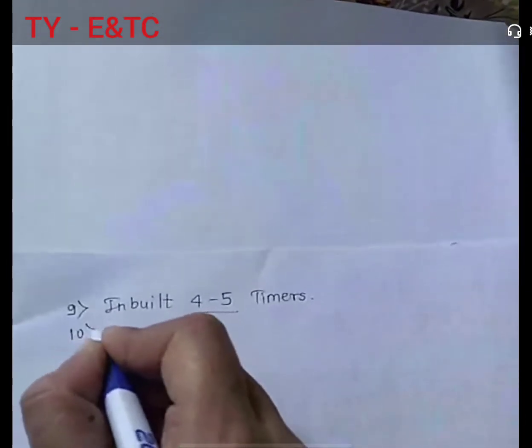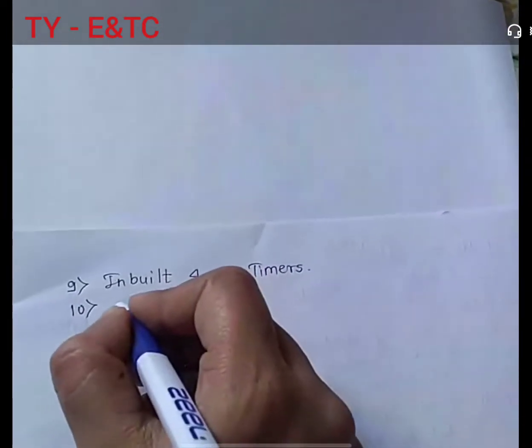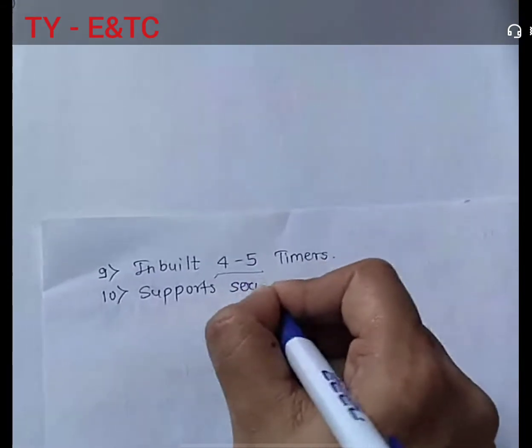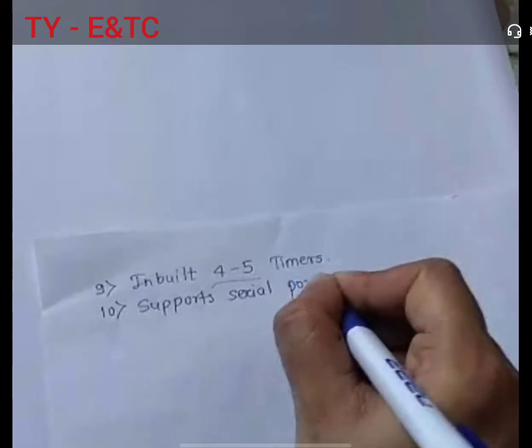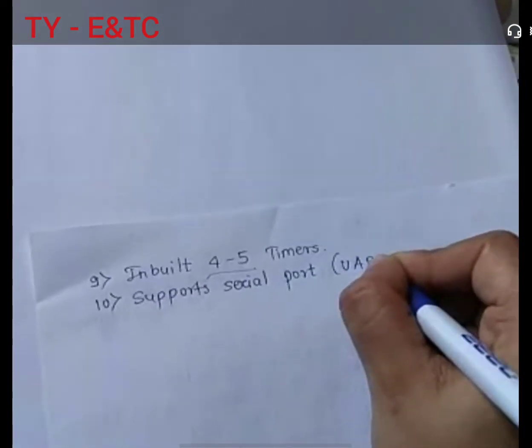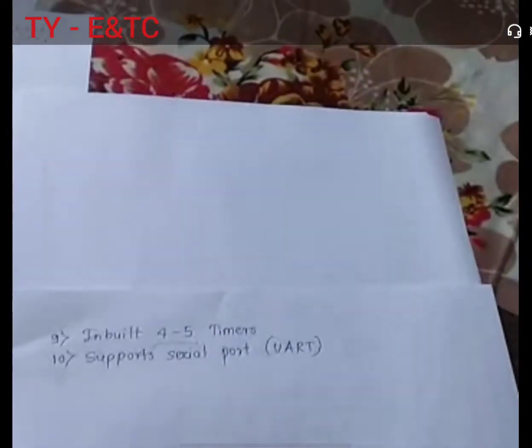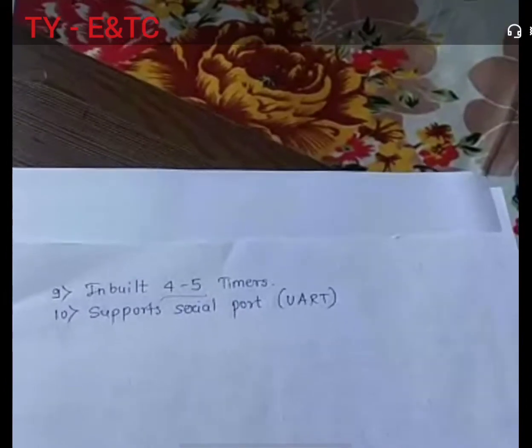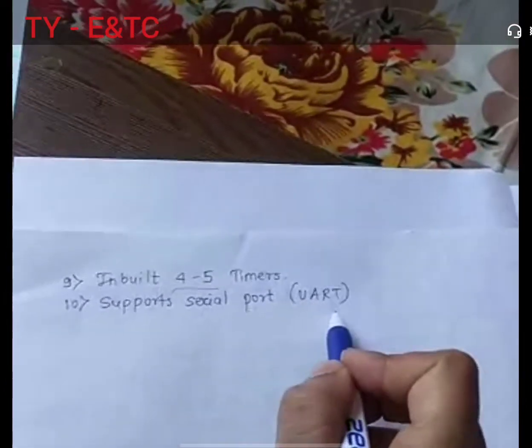Okay, now the next feature is it also supports a serial port, the same serial port, that is UART. Just similar to the 89C51, where the UART port was used for doing the programming, similarly in PIC microcontroller also it is having a serial port, that is a UART.